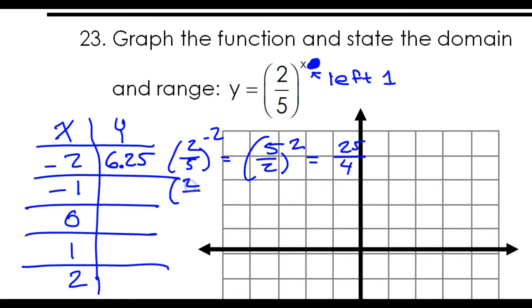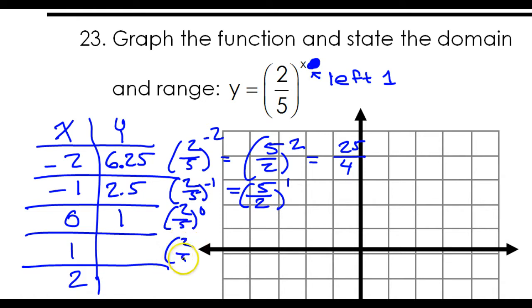Similarly, if I have 2/5 to the -1 power, that's going to be the same thing as 5/2 to the +1 power. Well, 5/2 is 2.5. Alright, anything to the 0 power is 1. Okay, if I do 2/5 to the 1 power, that's just 2/5.